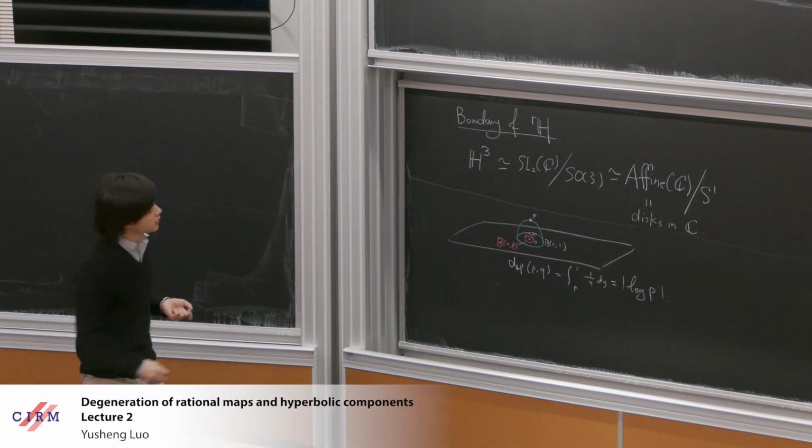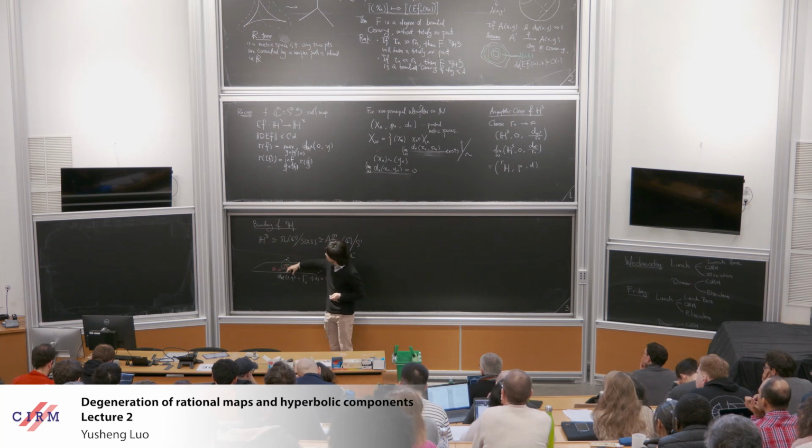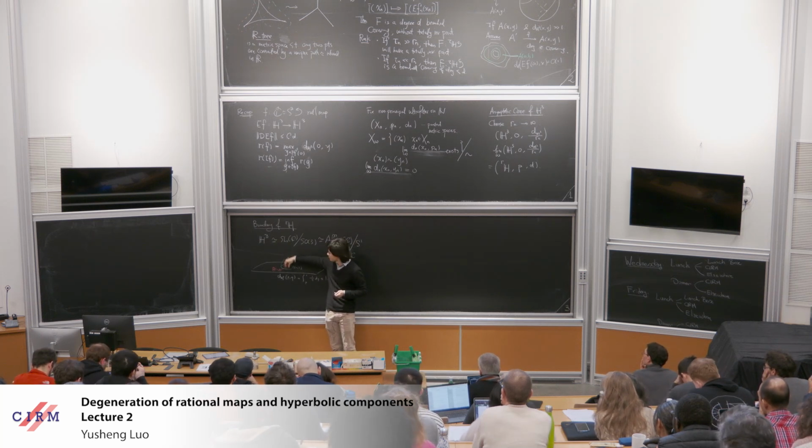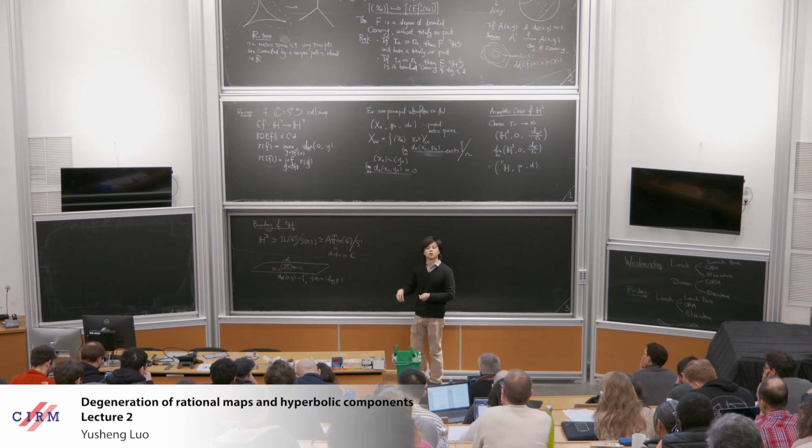Right, so in other words, a sequence of points in H3 casts some shadow of disks, and if these two points are growing with respect to Rn, these shadows are shrinking with respect to e to the minus Rn.